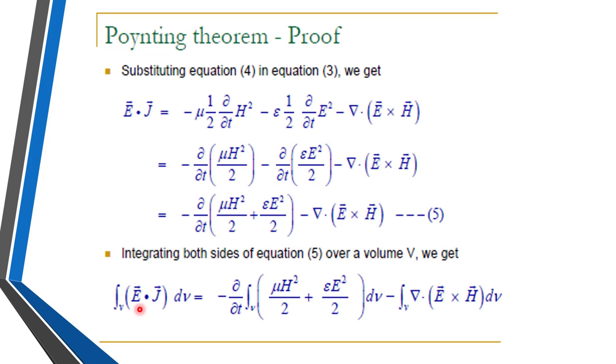Integration of e bar dot j bar over volume, multiplied by dv, is equal to minus dou by dou t of the integration of this bracket term, mu h square by 2 plus epsilon e square by 2 into dv, minus the integration over volume of del dot e bar cross h bar into dv. So I have integrated each and every term for volume integration.